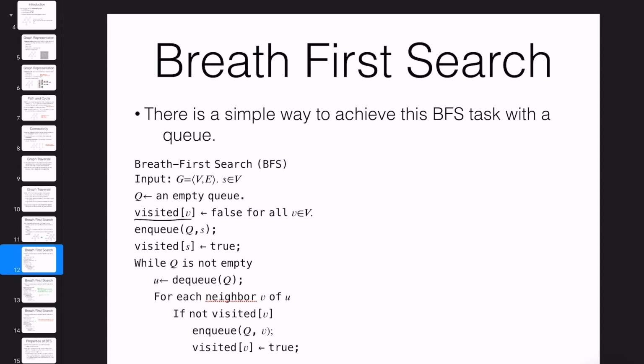Then you start from node S, you enqueue S to your queue, and so you visit the node S, right? So we mark visited S to be true. Then the only thing that we need to do is traverse over the queue. Each time just remove one node from the queue and visit all the neighbors of this node V if they haven't been visited before.